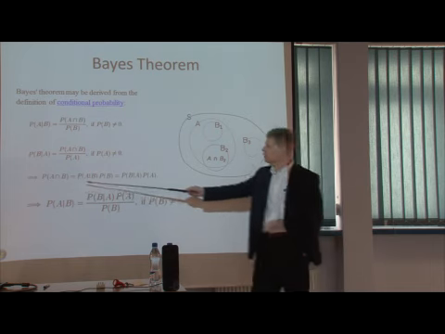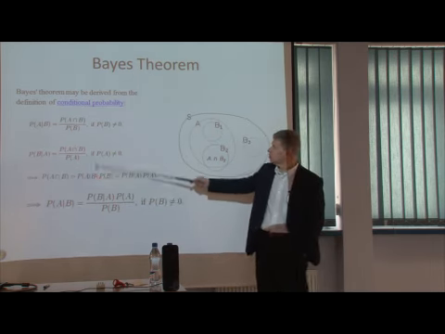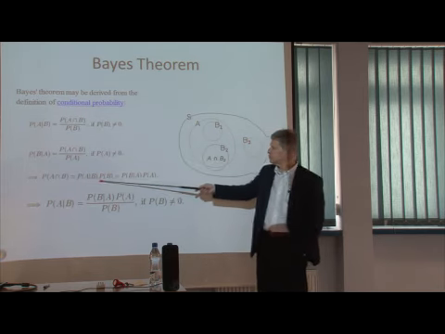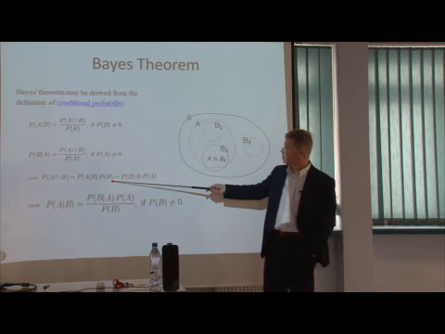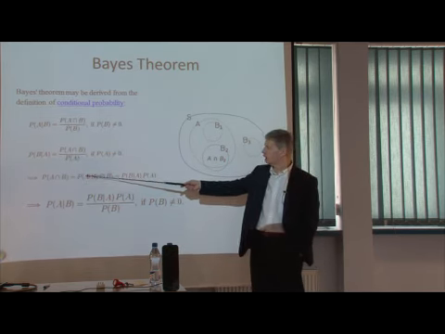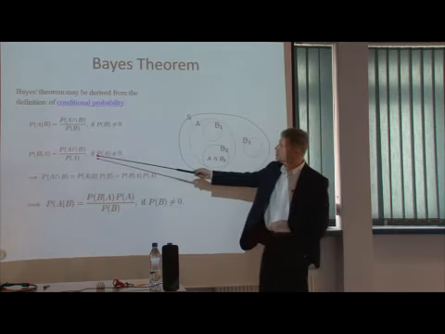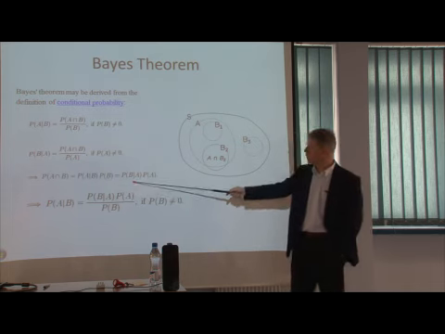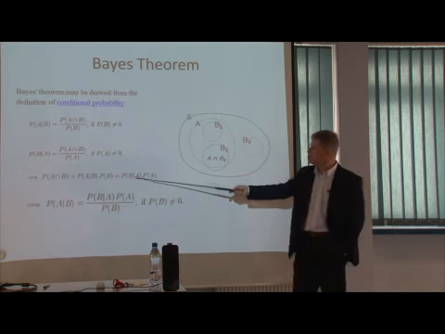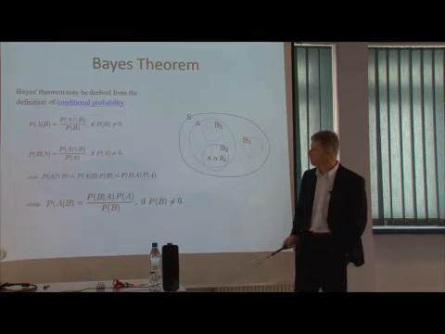So probability of A and B can be produced from this formula as a multiplication of probability of A given B times probability of B, and from the second formula by the expression probability of B given A times probability of A.